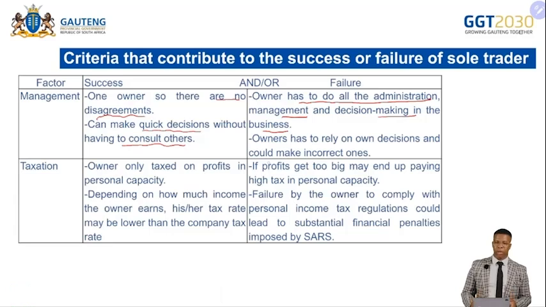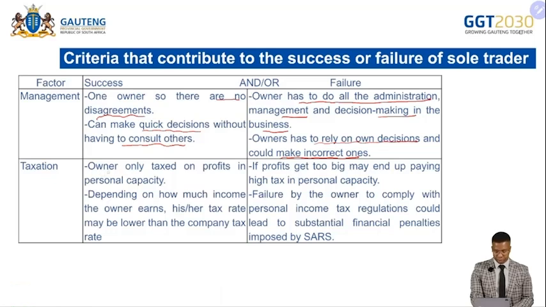And again, they will have to make the administration and run the entire management alone. And then another failure when it comes to a sole trader with management issues is that owners have to rely on their own decisions and could make incorrect ones. So that also affects the management part.